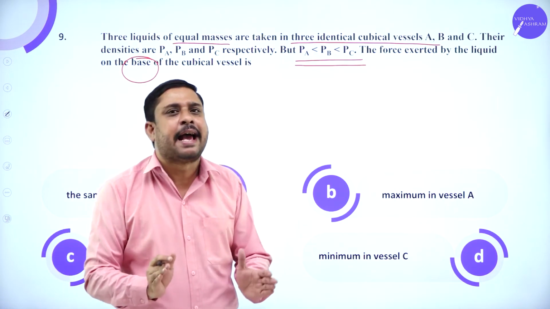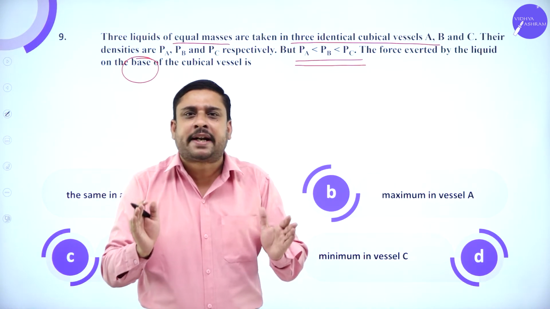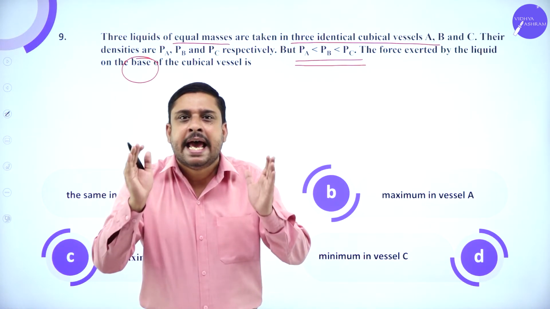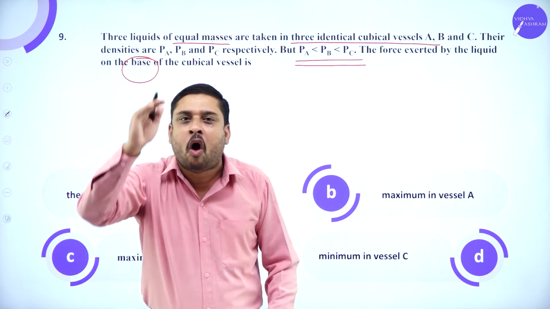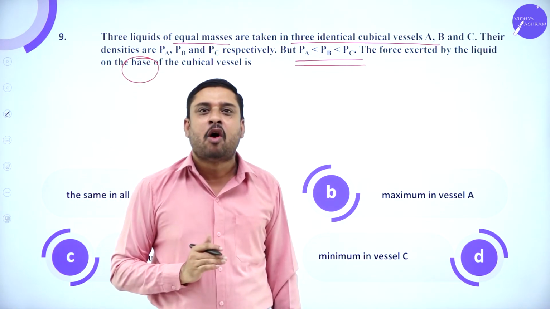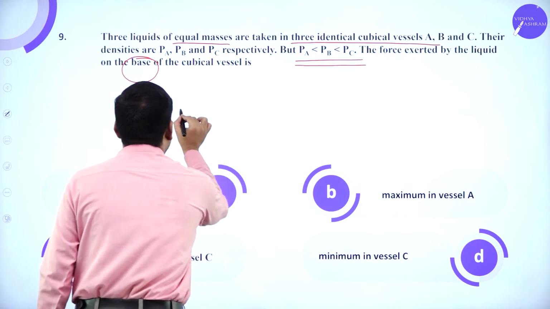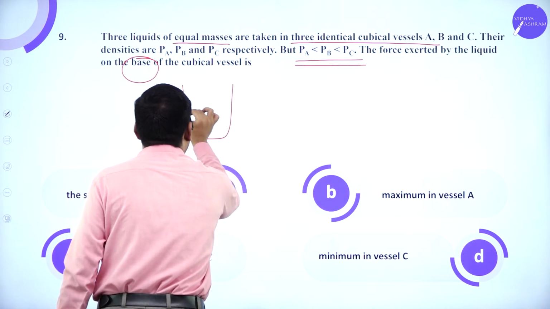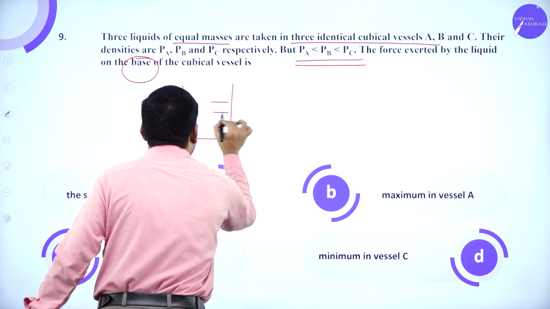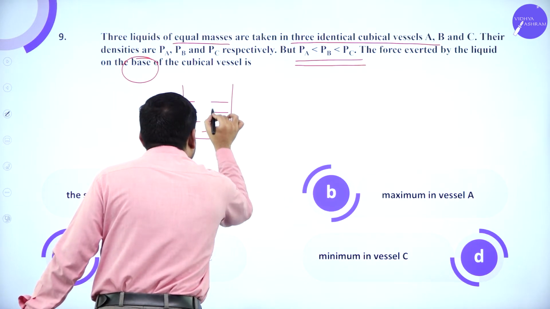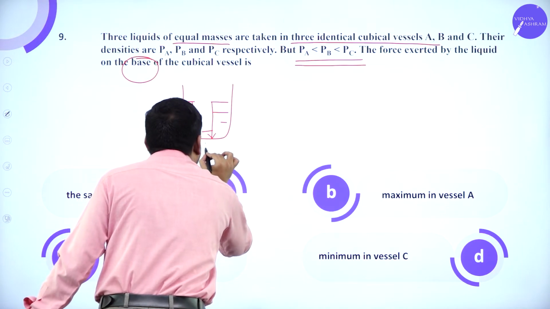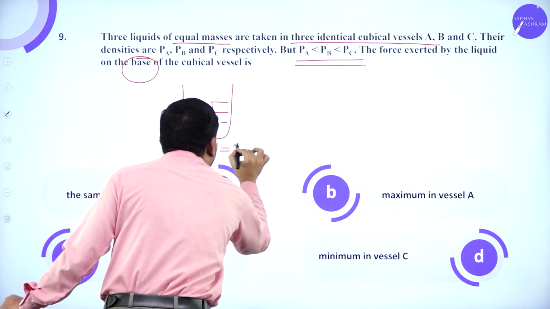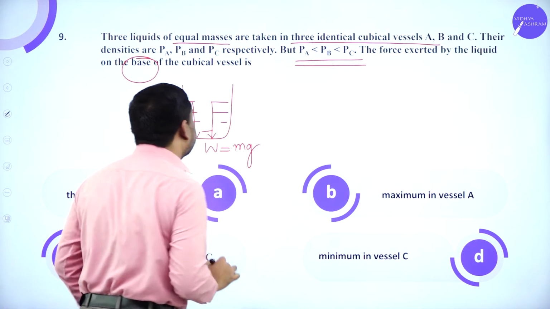First, let us analyze what is the force exerted by the liquid on the base of the vessel. A vessel is filled with liquid. So the force acting on the base, the downward force, is nothing but the weight.